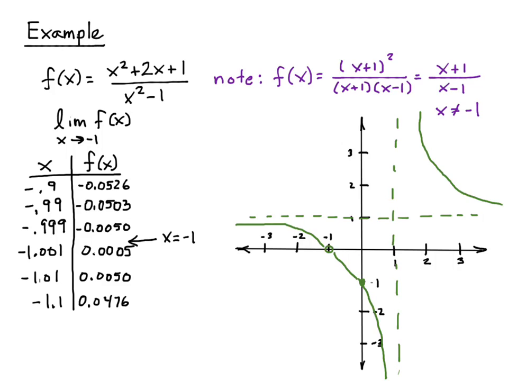But what we don't have is a value where f of x actually equals 0, because negative 1 is outside of the domain of that function. So we'll state here that the limit of this thing equals 0, even though f of negative 1 is undefined.